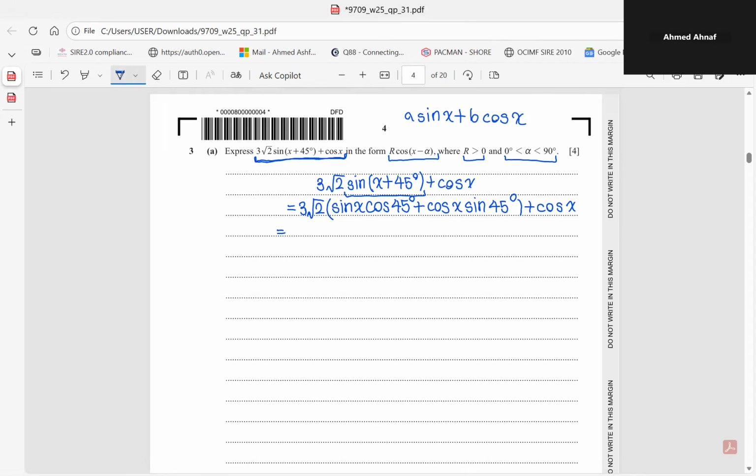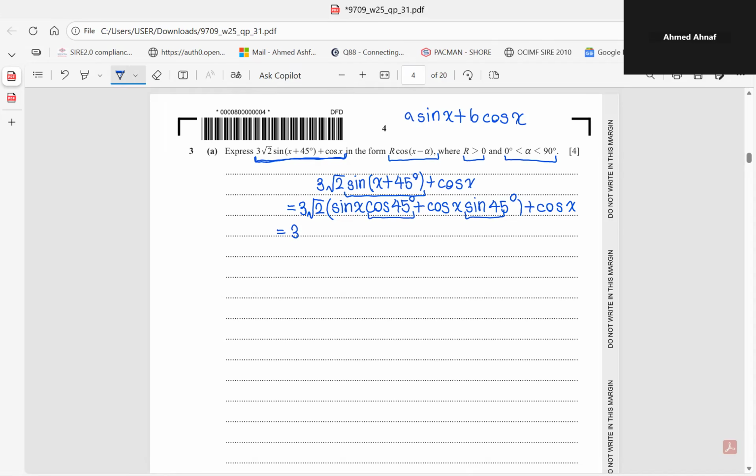Now we can expand out everything and evaluate our cosine and sine 45. We're going to do that at the same time. So cosine 45 degrees is square root 2 over 2.